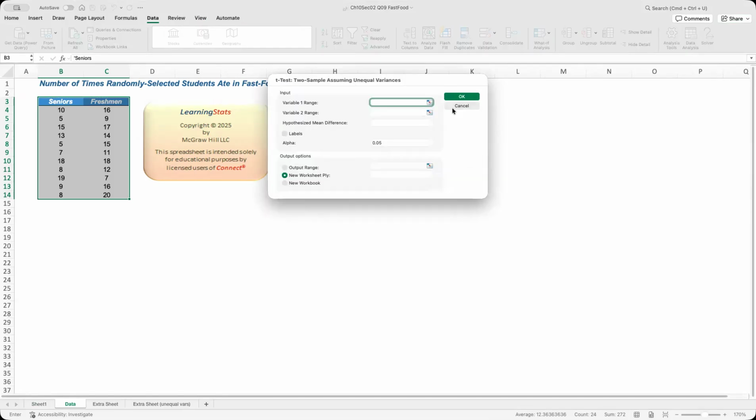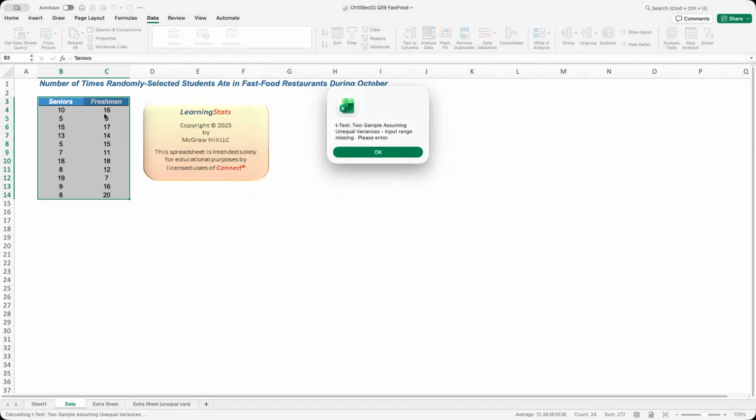Everything else stays the same. Tell me where variable 1 is. Tell me where variable 2 is. What's the difference that you're assuming they have? Did you highlight the labels? And what's alpha? Everything in this box is exactly the same, whether I'm doing equal variance or unequal variance. All the calculation changes happen behind the scenes.